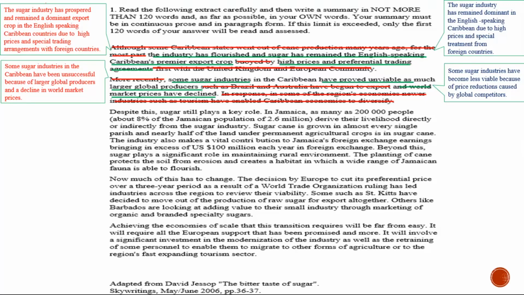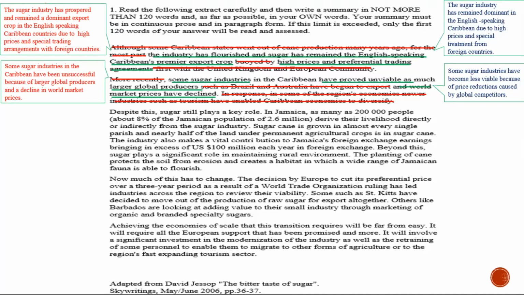Despite this, sugar still plays a key role. In Jamaica, as many as 200,000 people, about 8% of the Jamaican population of 2.6 million, derive their livelihood directly or indirectly from the sugar industry. Sugarcane is grown in almost every single parish, and nearly half of the land under permanent agricultural crops is in sugarcane.